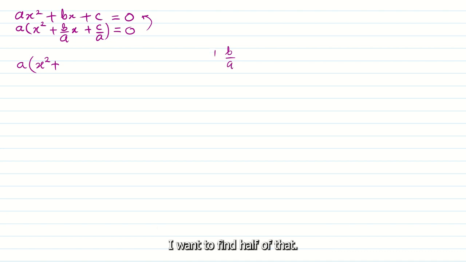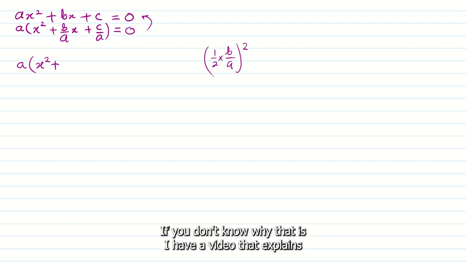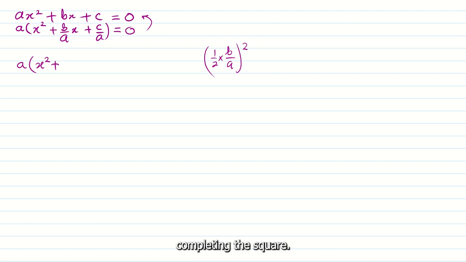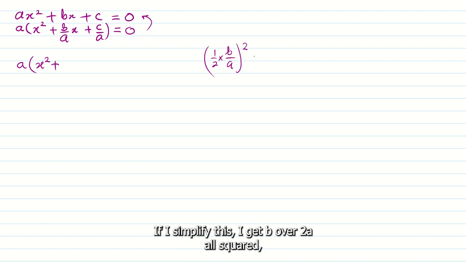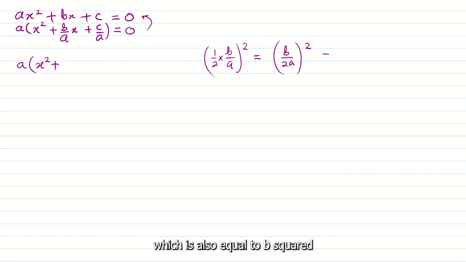We want to find half of that, and then we want to square it. If you don't know why that is, I have a video that explains completing the square. I'm linking it up right now. Please go check it out. It's very important. If I simplify this, I get b over 2a all squared, which is also equal to b squared over 4a squared.